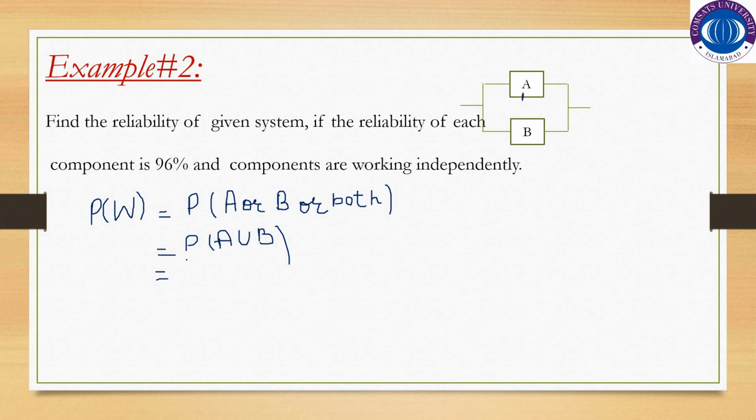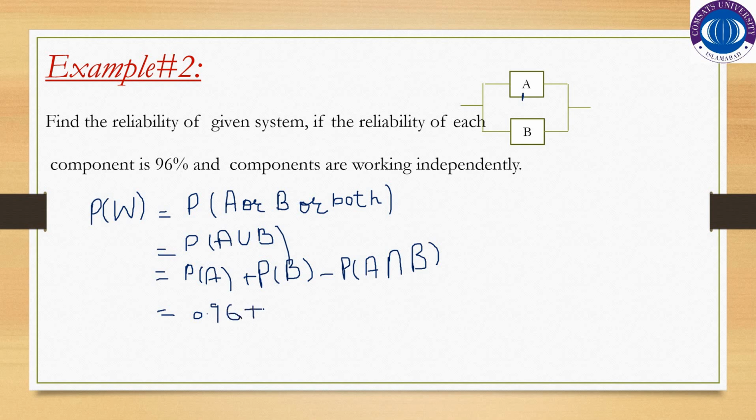So addition law will be probability of A plus probability of B minus probability of A intersection B. Now, probability of A is 0.96.